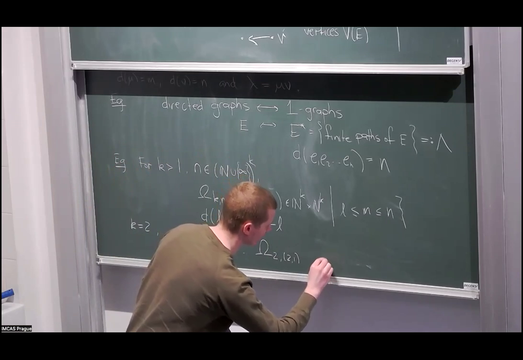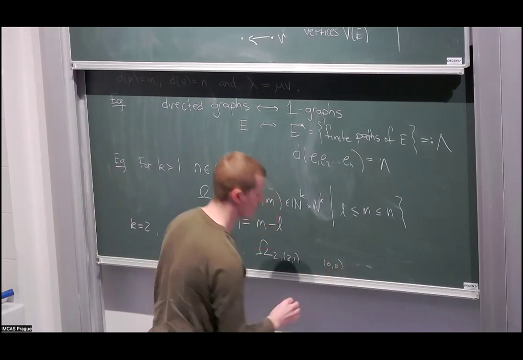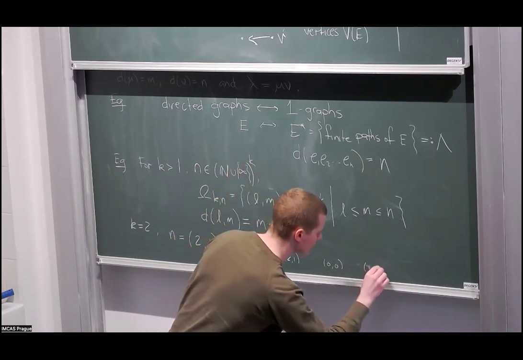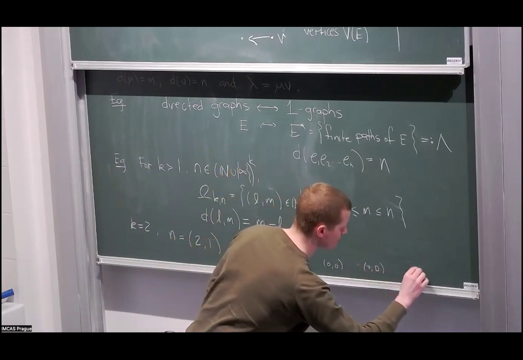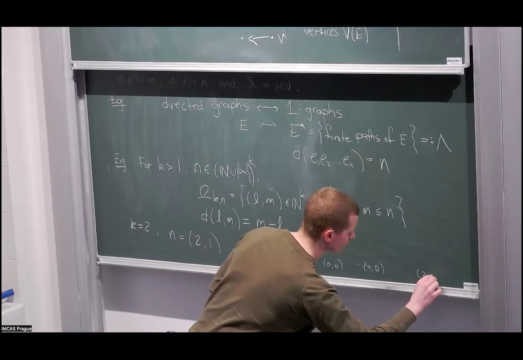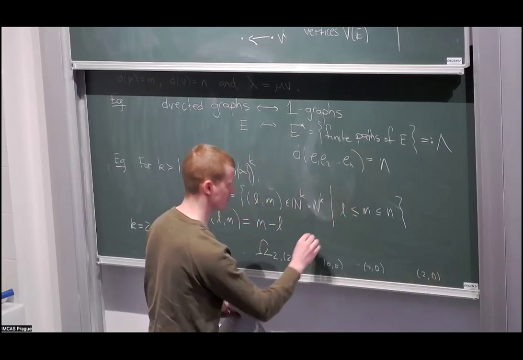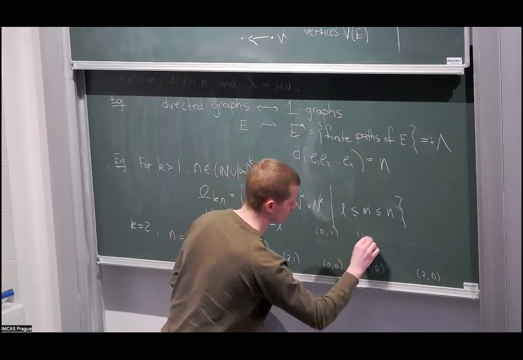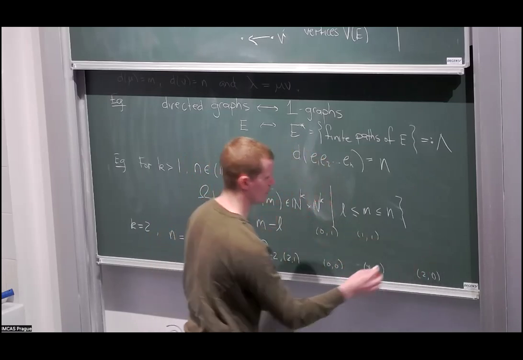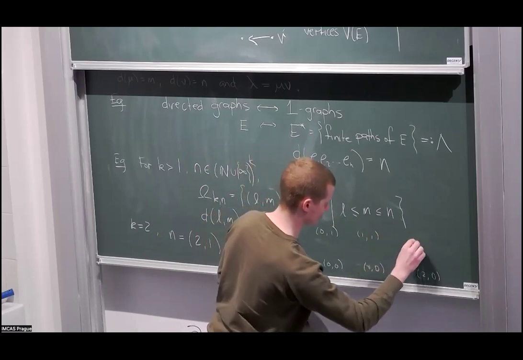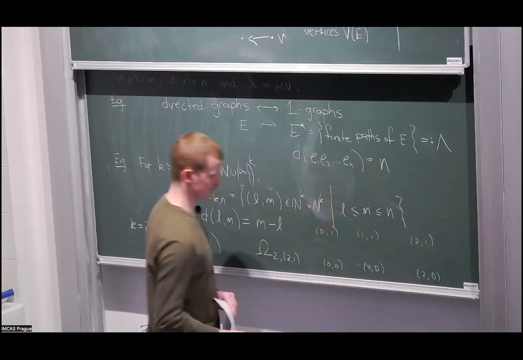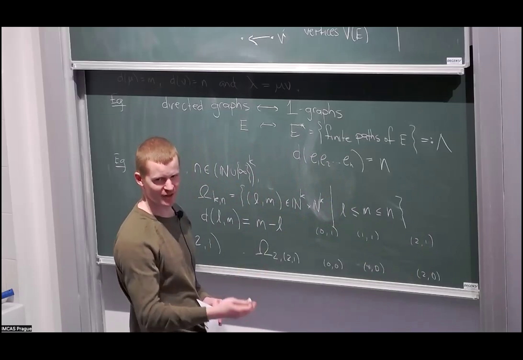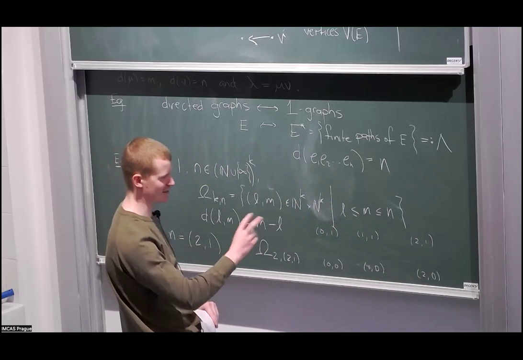I've got my tuples of natural numbers, and (2, 1). They're like the objects in my category, but then I'm looking at when is one less than the other.